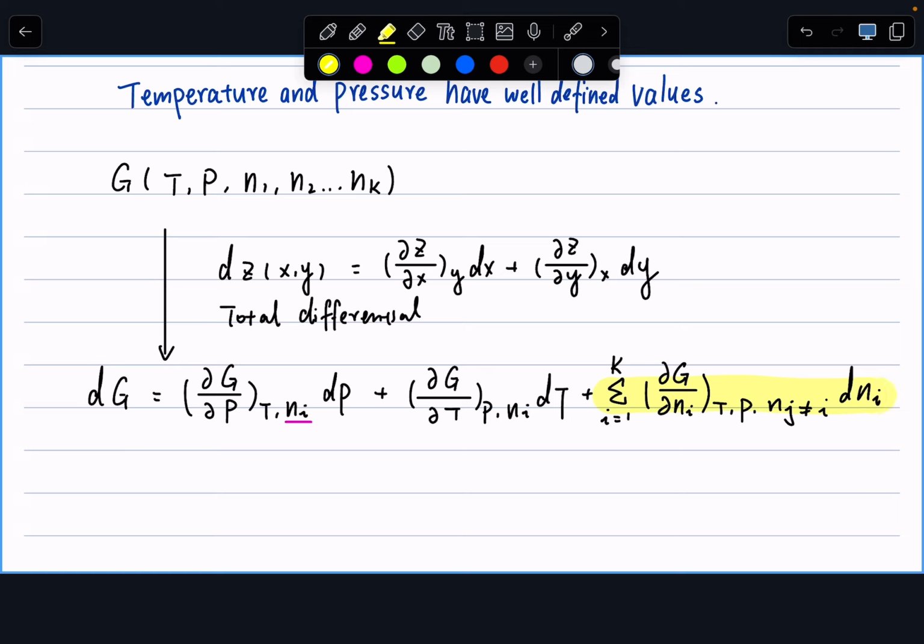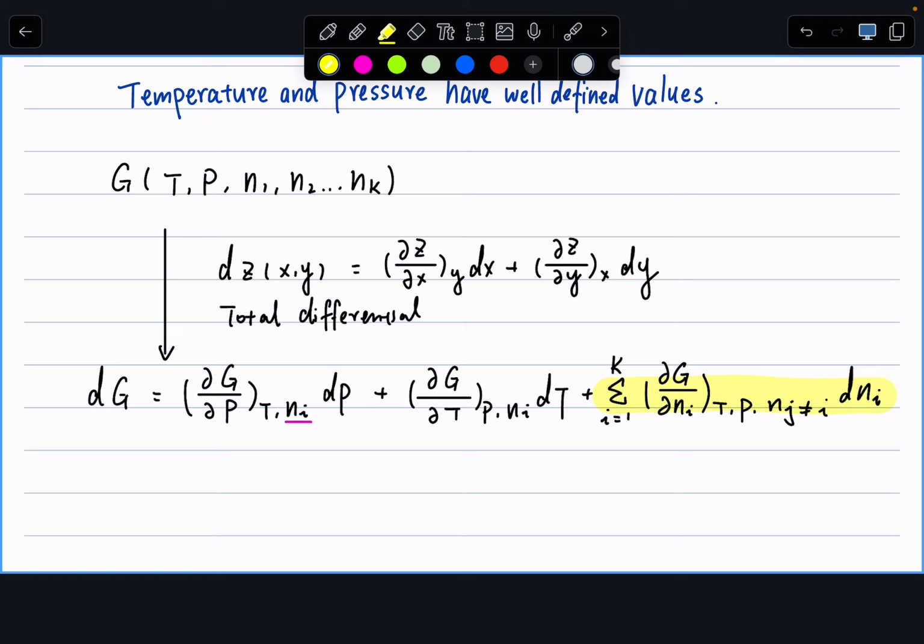All right, so here I just want to quickly highlight one thing. What is my i and what is my j? So imagine a reaction: A plus B goes to C plus D. In my i, we have A, B, C, D. So the total term here will be the partial derivative of G, dG over dNA, while keeping T, P, number of moles of B, C, and D constant.